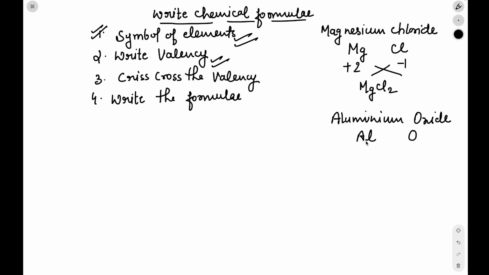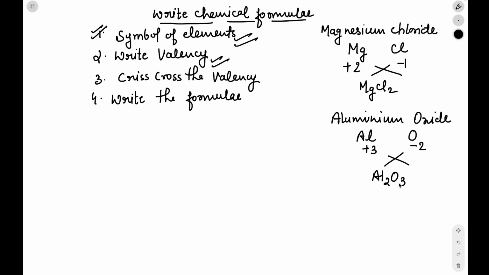The valency of aluminium is +3 and the valency of oxygen is -2. Now crisscross the valencies and the final formula that we get is Al2O3.